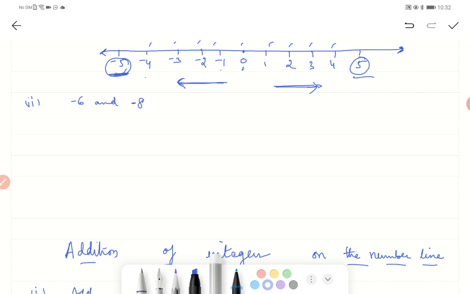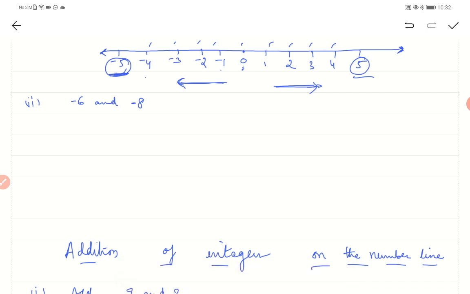Try practicing number lines, try to draw the number lines for all the integer problems given to you. If you try it, you will get used to it. Now they're asking us to find the integers between minus 6 and minus 8.